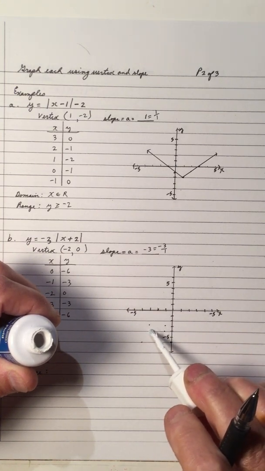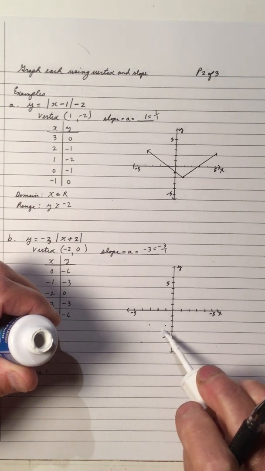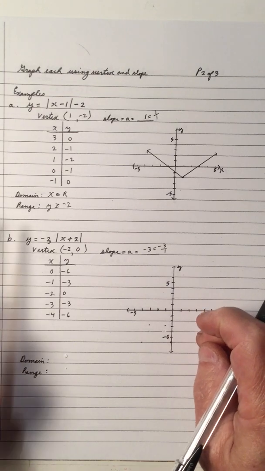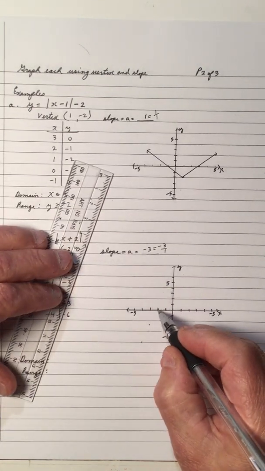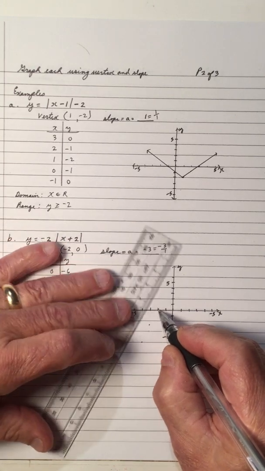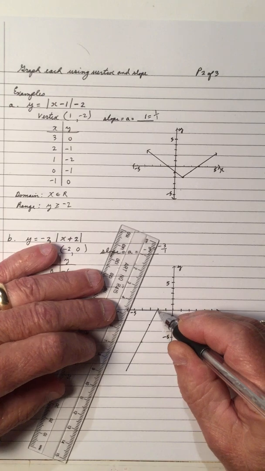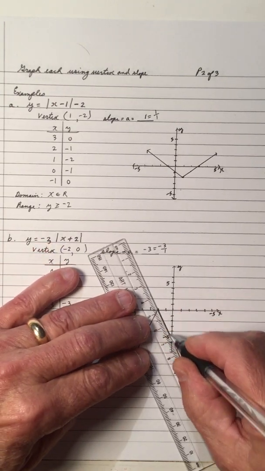So you can put here, gone. Use a little whitener, it helps out. But anyway, notice the vertex is negative 2, 0, and now we have everything lined up. And sometimes you make an error.